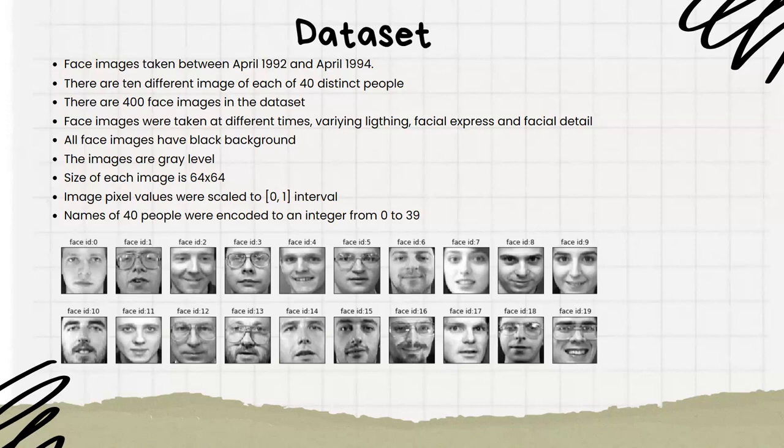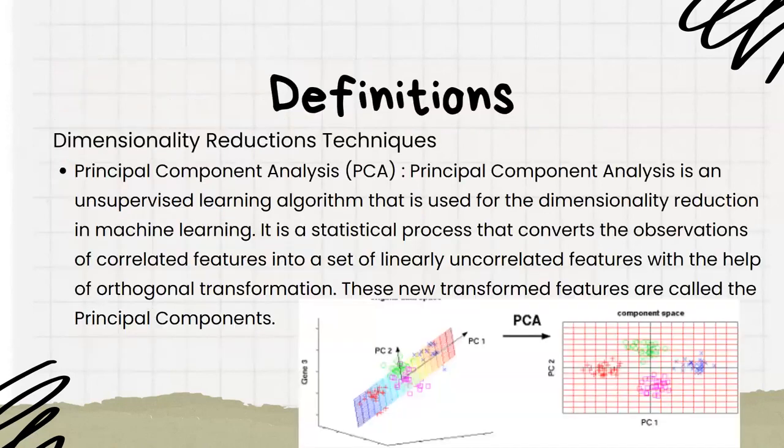So let's move forward with some definitions. The first dimensionality reduction technique we are going to define is principal component analysis. Basically, what this technique does is separate the data into its normal axes and give us a 2D space of its normal form.